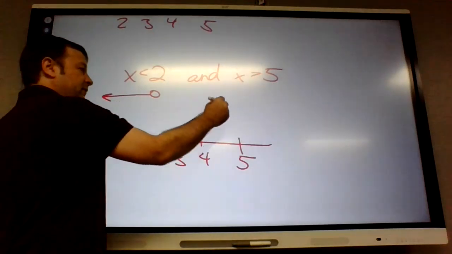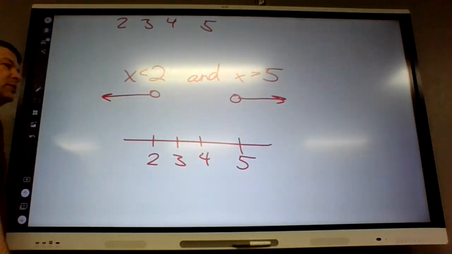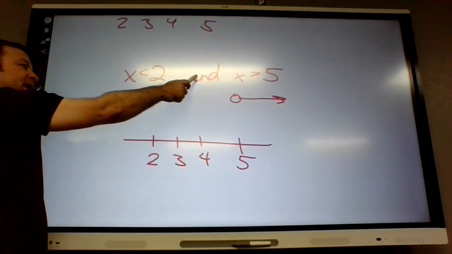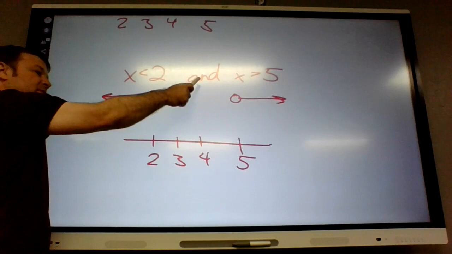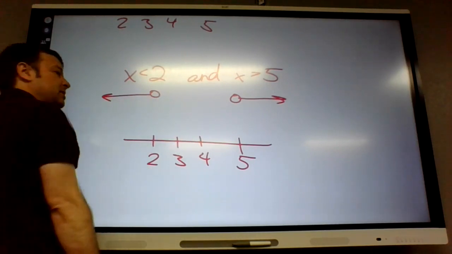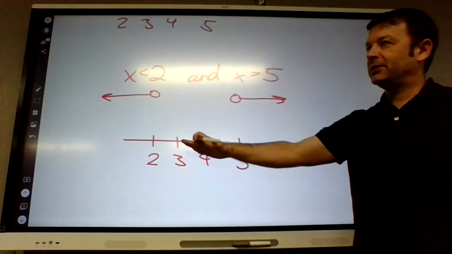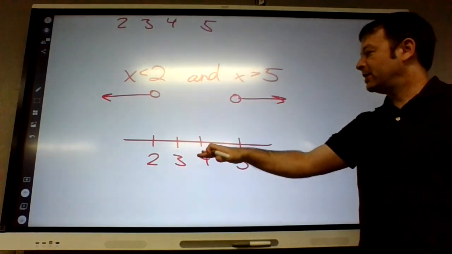What's greater than 5 look like? What numbers are both of those? Because it's an and, it's got to be both. None. So the graph would be blank because there's no solution.